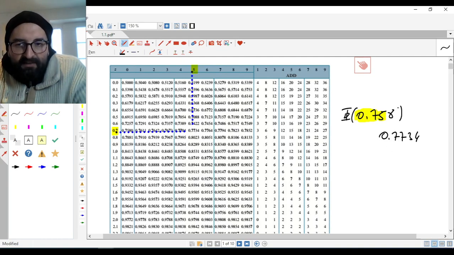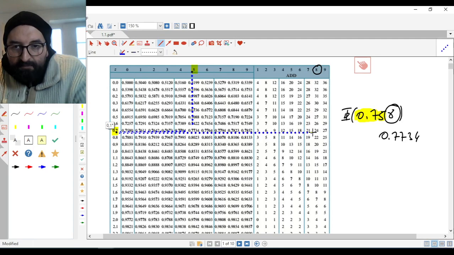And lastly we have to find 8 for in the last column, 8 here, and which number they are meeting. This number is 24.